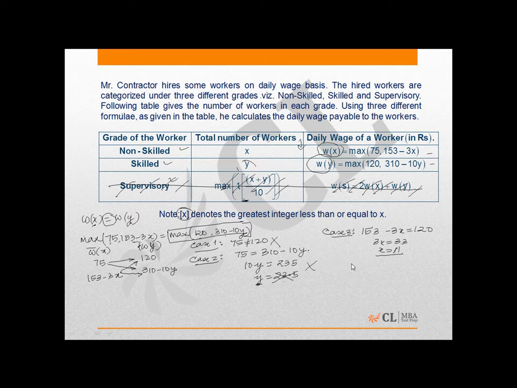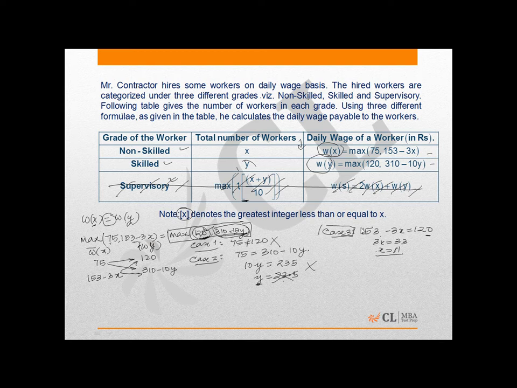we have understood that 120 is the maximum. But we should have a value of y such that we will let 120 be the maximum. In case 3, we have already obtained x is equal to 11 because we compared it with 120. So we need a value of y such that 310 minus 10y is 120 or less than 120, such that 120 is the maximum of both of these.